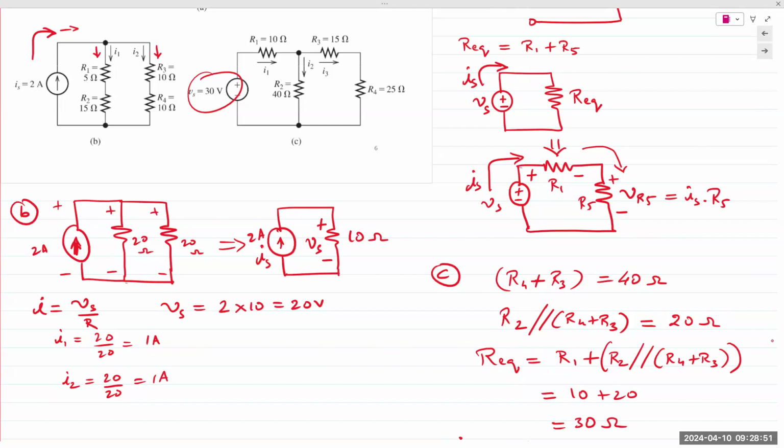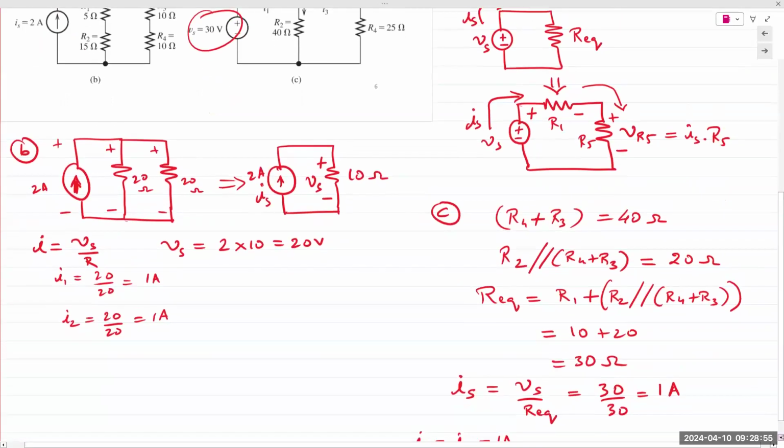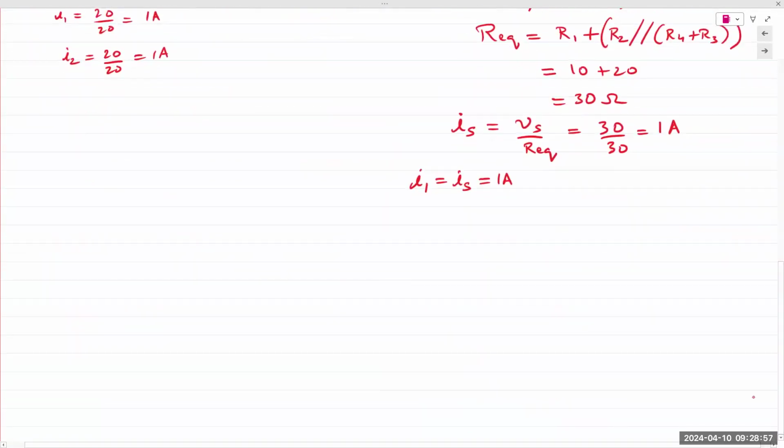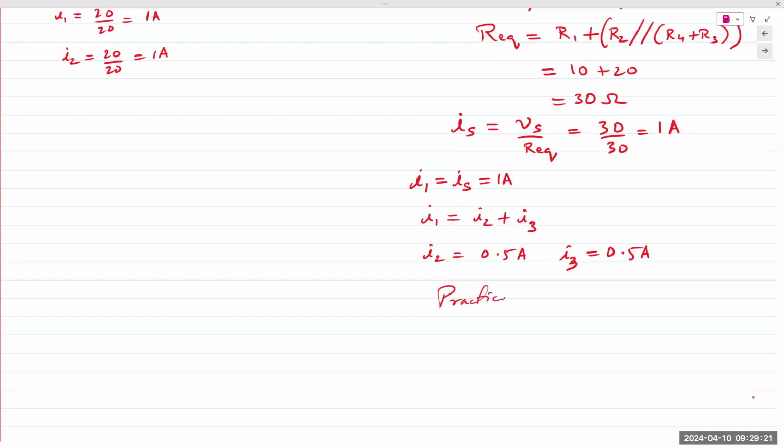So I'll give you the answers logically, but you should practice writing out the equations. So I1 splits into I2 and I3, and it's an equal split. So I2 is 0.5 amps. I3 in the second branch is also 0.5 amps. Practice.